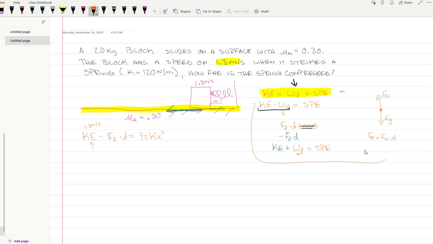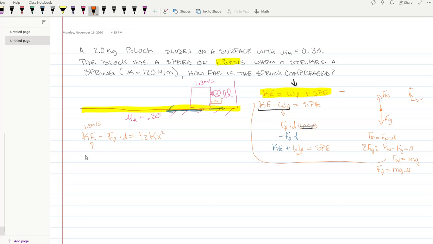And the force normal, well, in the y, I don't have anything pushing me down, so if I define up and to the right as positive, the sum of my y is going to give me force normal minus the force of gravity equals 0, or that my force normal does indeed equal the force of gravity, which is just mg. So now I know that this force of friction is going to be mg mu.